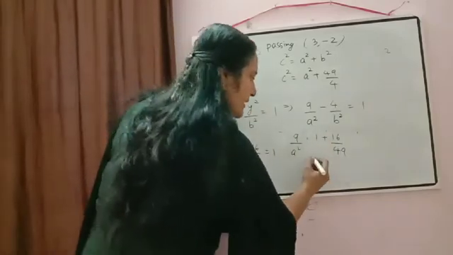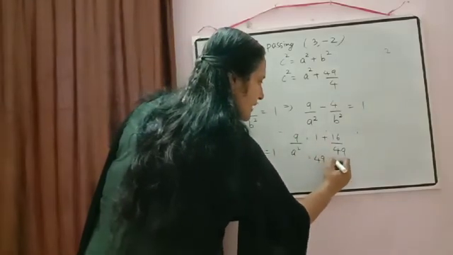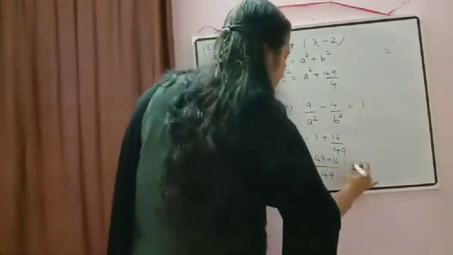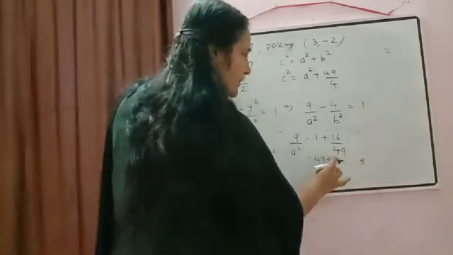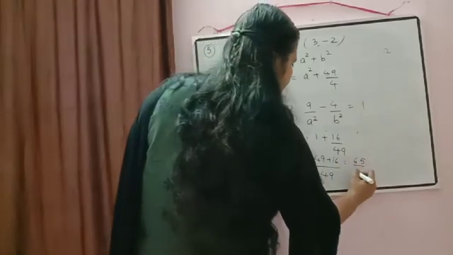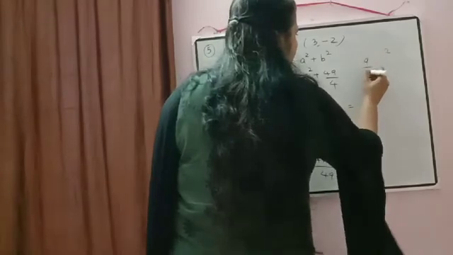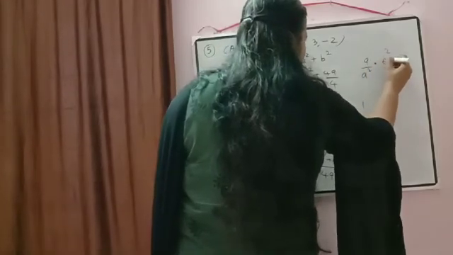Do the cross multiplication, then it will be equal to 49 plus 16 by 49. 9 plus 6, 15, carry over 1. 4 plus 1, 5, plus 1, 6. 65 by 49. That is the value: 9 by a square is equal to 65 by 49.